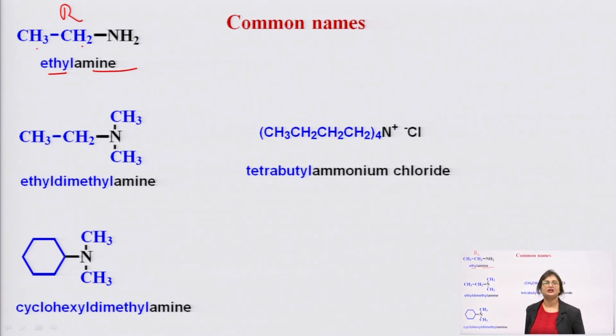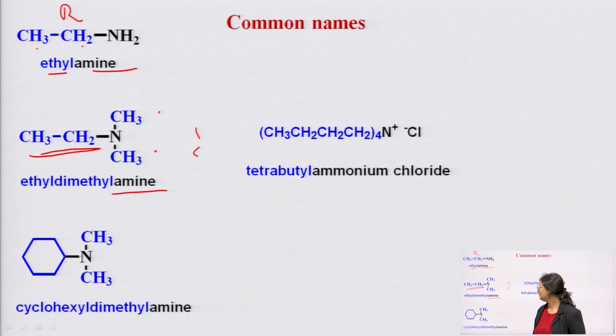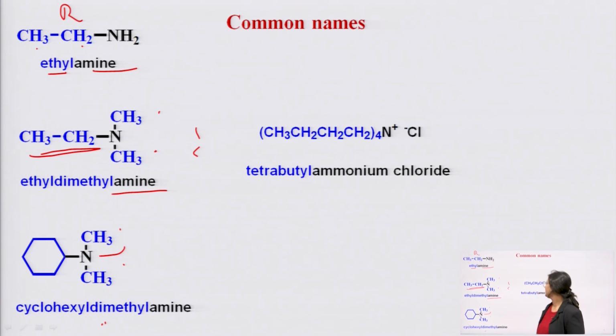Since the R group is an ethyl group, it is named ethylamine. Similarly, this can be named as cyclohexyl dimethyl amine: cyclohexyl is the parent name, dimethyl is the prefix counting the number of alkyl groups, followed by amine. Next we have tetrabutyl ammonium chloride. These are a few examples of amines and their common names.